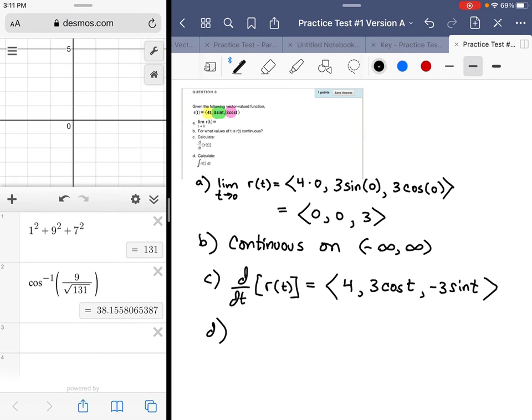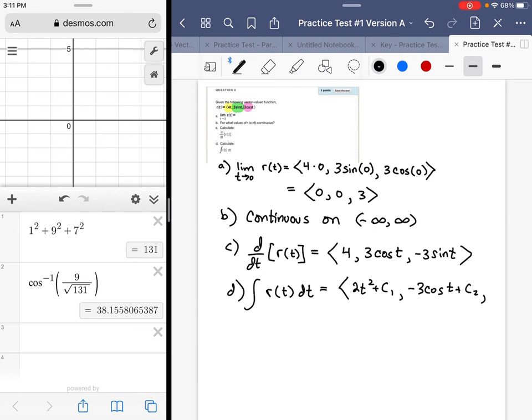So then D is asking for the antiderivative. So we anti-differentiate each part. 2t squared plus integration constant number 1, first dimension, comma, antiderivative of sine is negative cosine. So -3 cosine of t plus c2.